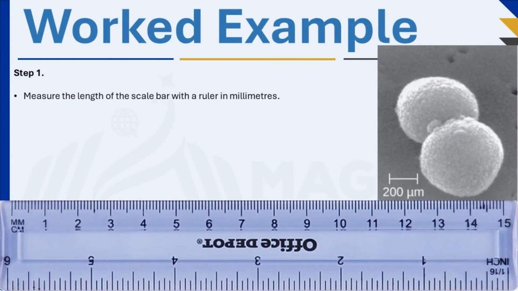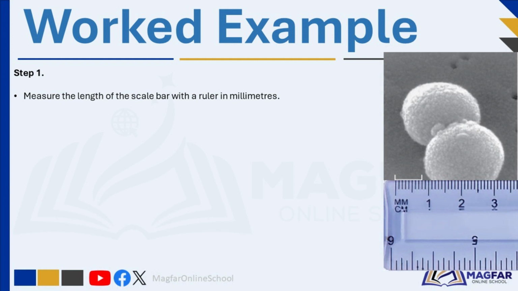Let us move on and determine the actual size of the cocci bacteria in the image on the right. Step 1. Use your ruler to measure the length of the scale bar that has been provided with the micrograph. Measure the bar in millimeters. In this case, the scale bar measures 8 millimeters.